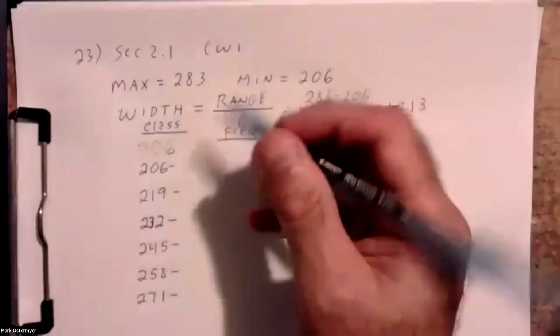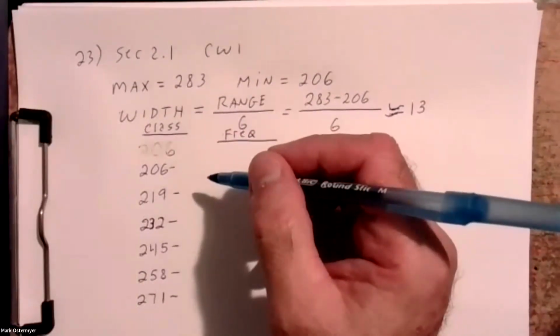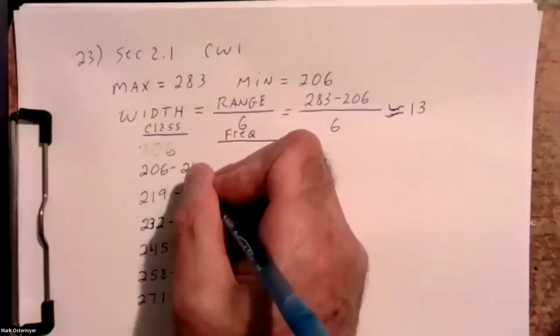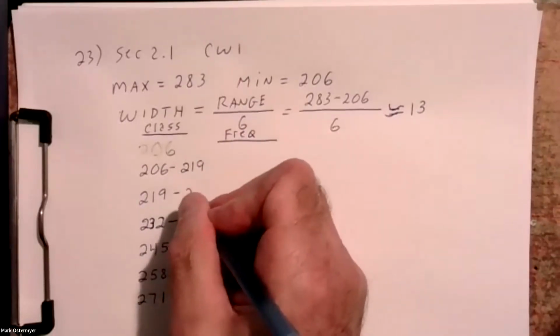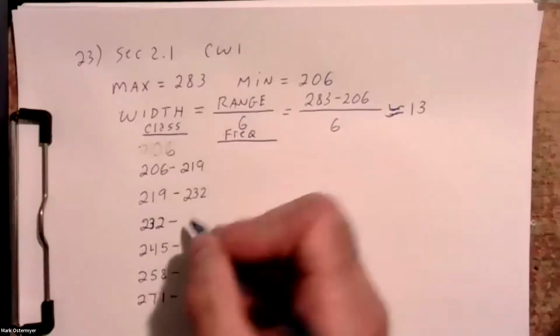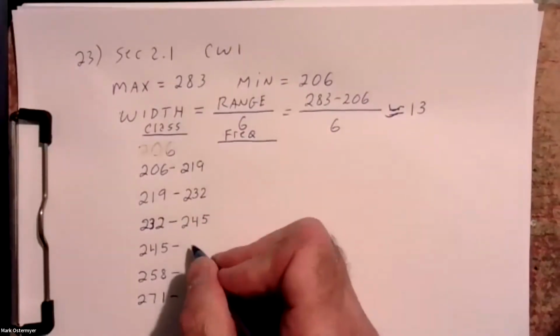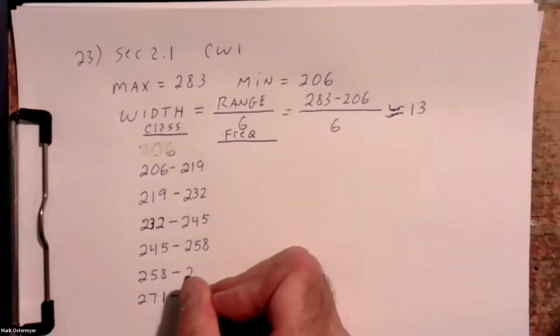All right. Now the upper classes, I'm going to take 206 up to 219, and then 232. Now, this is the thing. Because we're not using class boundaries here, we're using class limits to represent our classes.